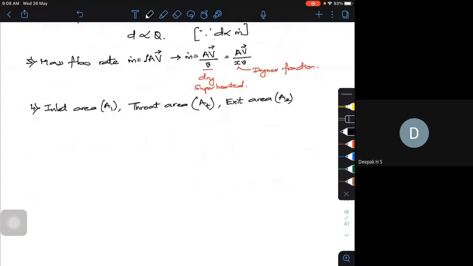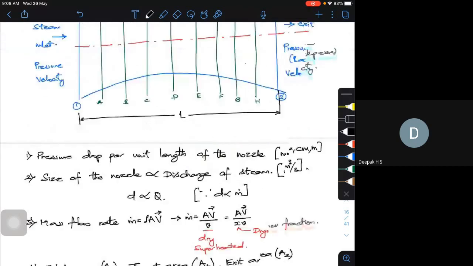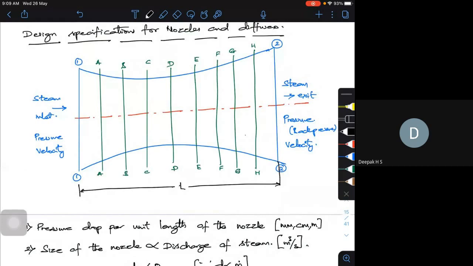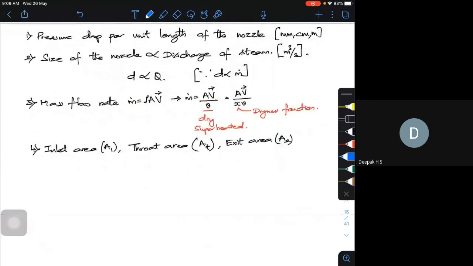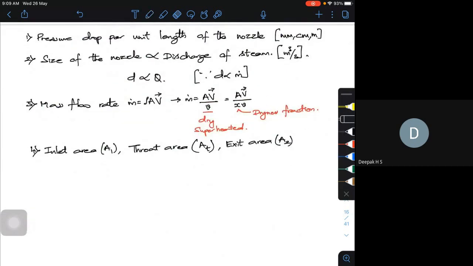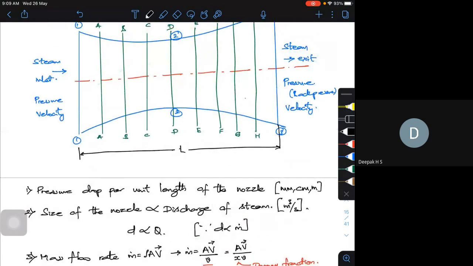So if I put a small picture like this, if I take this as section 3, then the throat I can have as 2. So the throat becomes 2, and instead of T, I can change it to 2. That's just a convention. This will be A3.